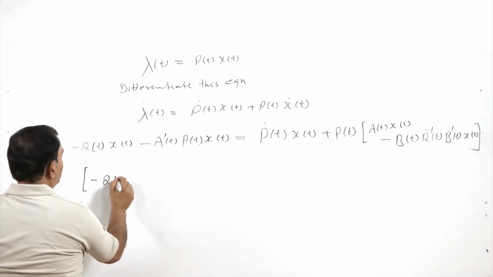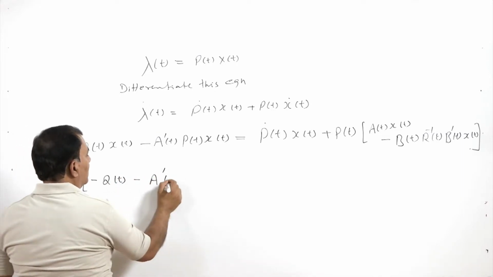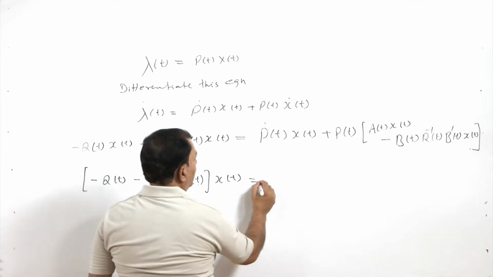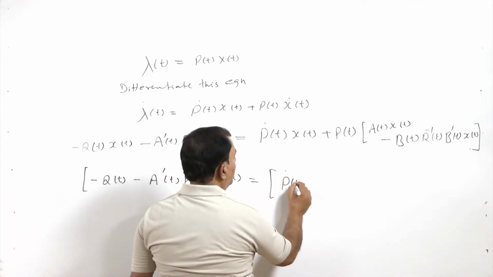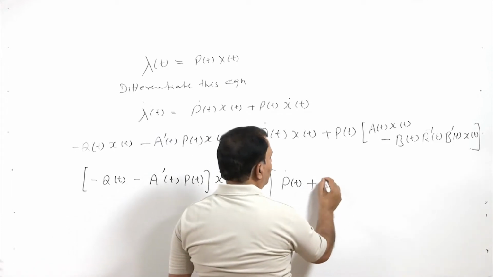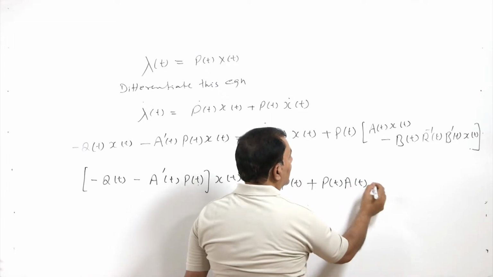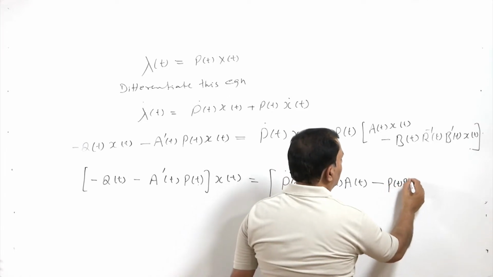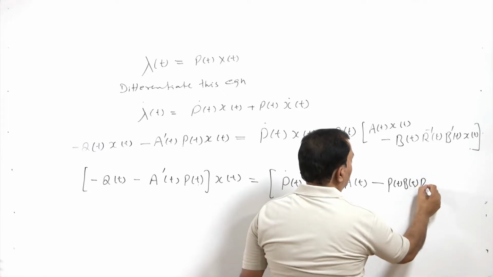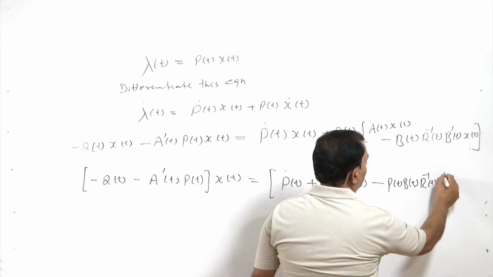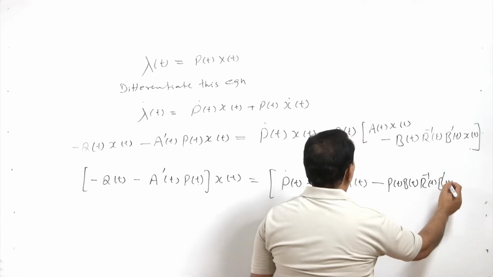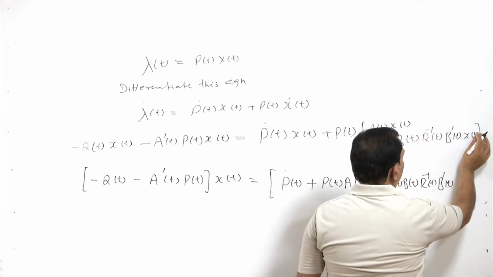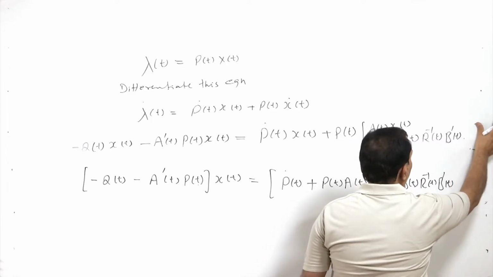This is minus Q(t) x(t) minus A transpose P x(t), and on this side we have P dot plus PA minus P B R inverse B transpose P(t) x(t).